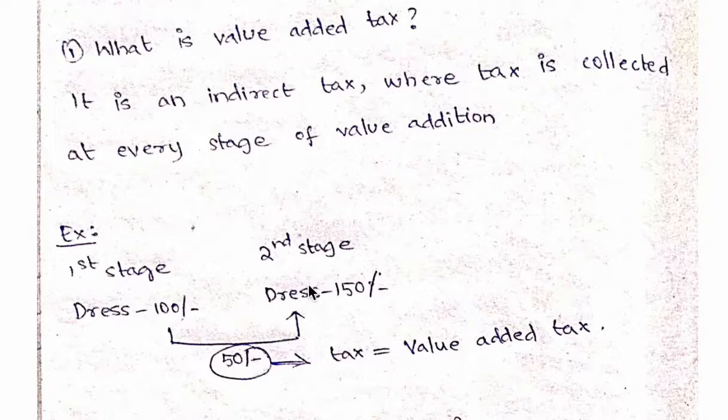So in the second stage, let us assume the dress value is 150 rupees. So here this increase is 50 rupees, right? For this 50 the tax will be added. There is an increase of 50 rupees, so for this tax is collected. This type of tax is called value added tax.